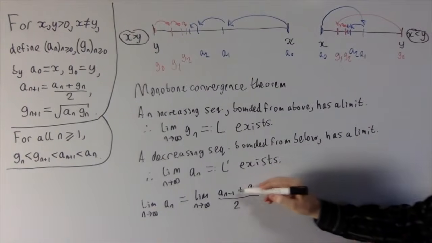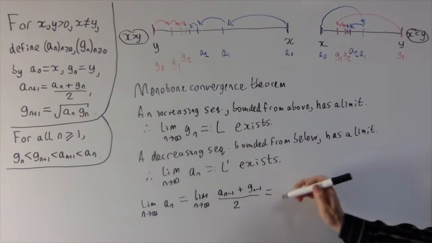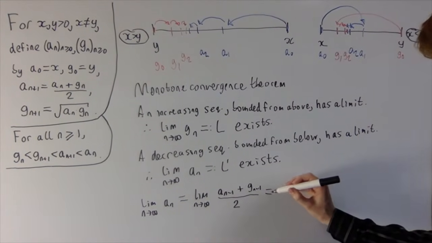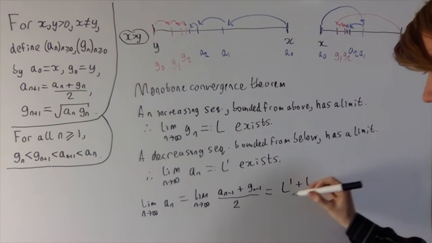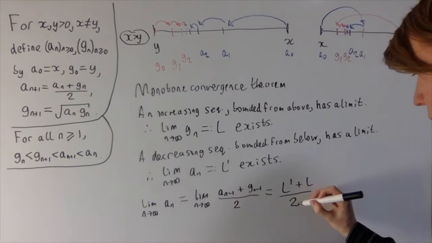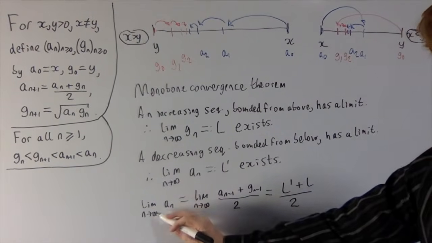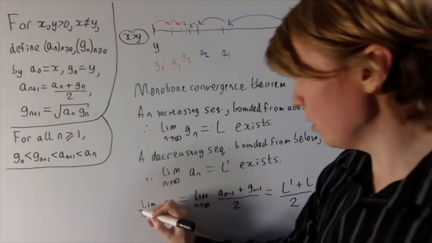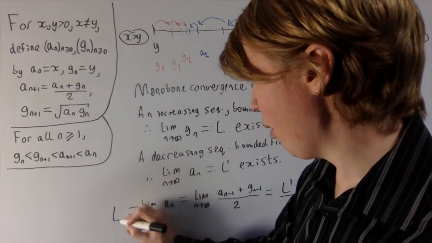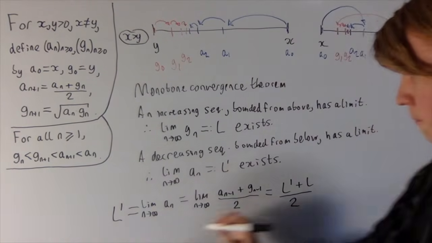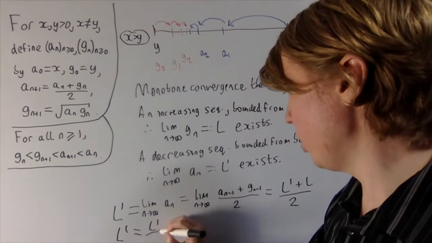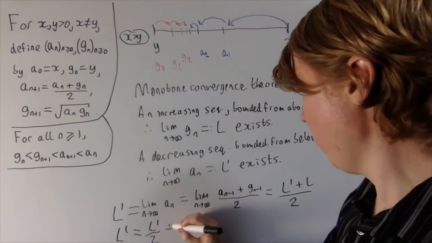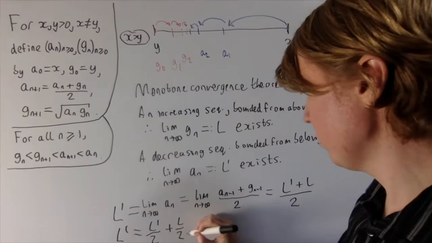Well, we know that both of these sequences have limits, so we can use algebra of limits here. So this is actually equal to (L dash plus L) over 2. But then we know that the limit as n goes to infinity of An is our L prime. So L prime is equal to L prime over 2 plus L over 2.